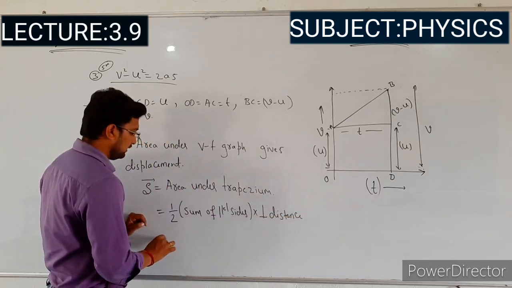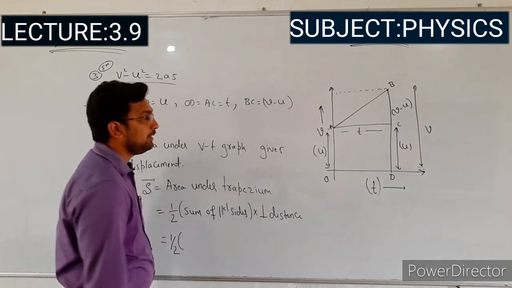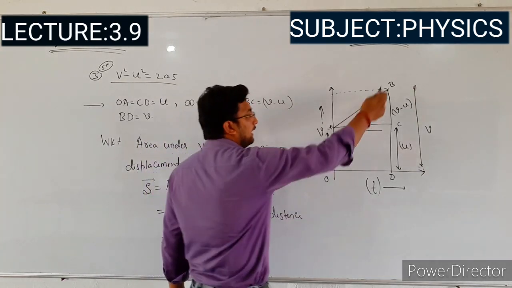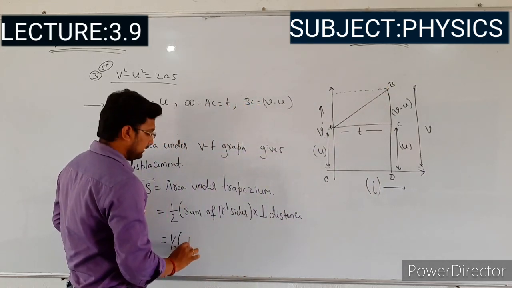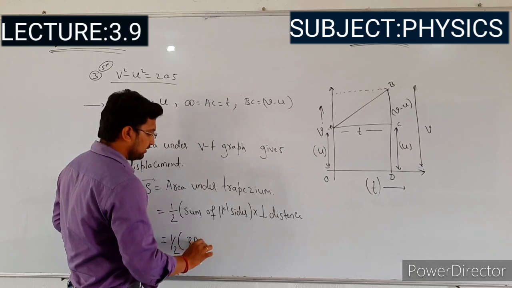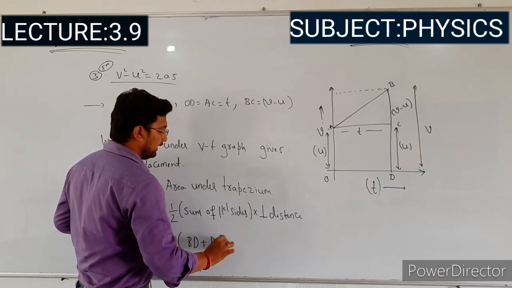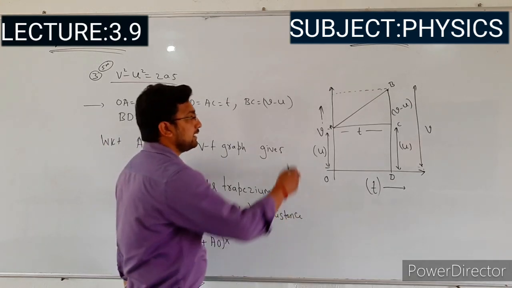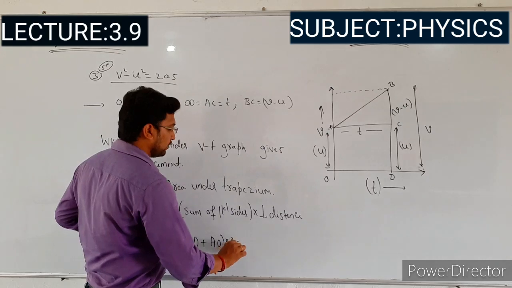Okay. See here. This is equal to 1 by 2 as it is. Sum of parallel sides means OA and BD are the parallel sides. Here BD plus AO or OA into perpendicular distance is AC. Okay.